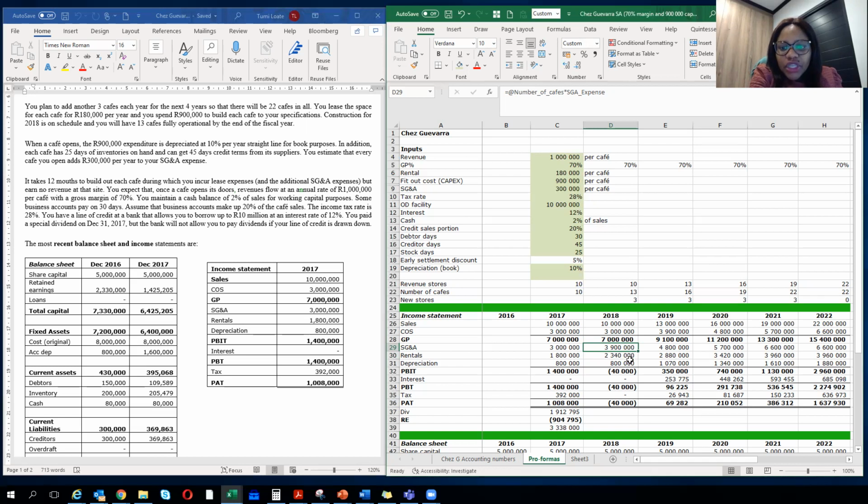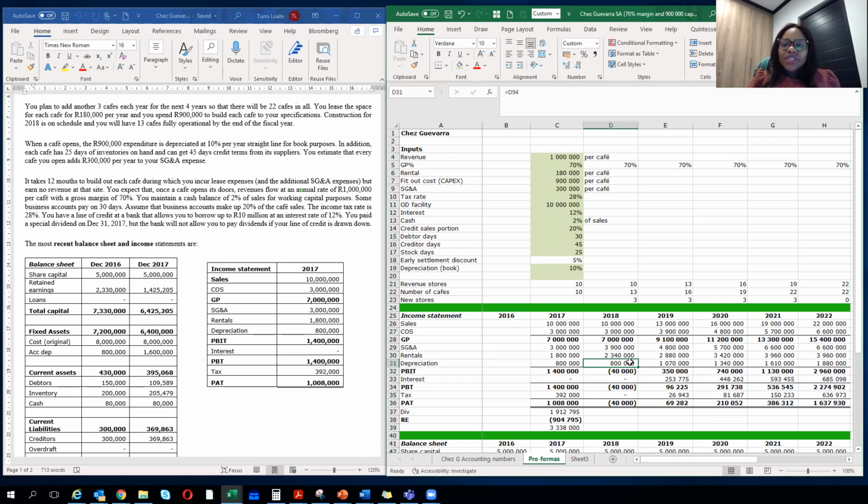Your depreciation, remember, your stores are not constructed fully as yet. You cannot start depreciating until your cafes are ready to use. So at the point in which these stores are ready, which is the end of 2018, we will then start depreciating these stores from 2019 onwards, when they start also bringing in some revenue.